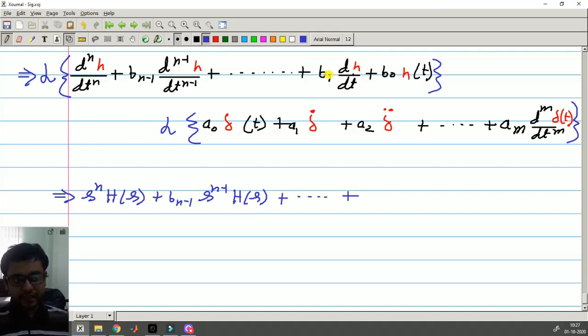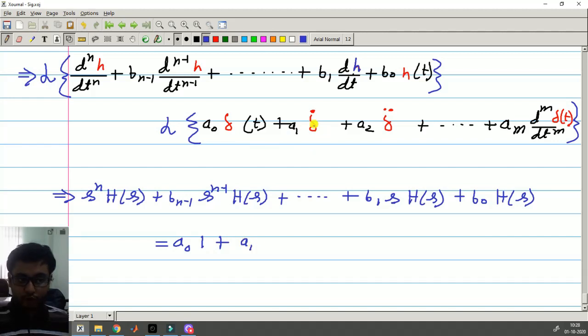Here we will get b_1 constant, then this is the first derivative of h, so that will be s multiplied with H(s), and here we will get b_0 H(s), and the right side will be a_0 constant. Laplace transform of delta is 1, plus a_1 constant.